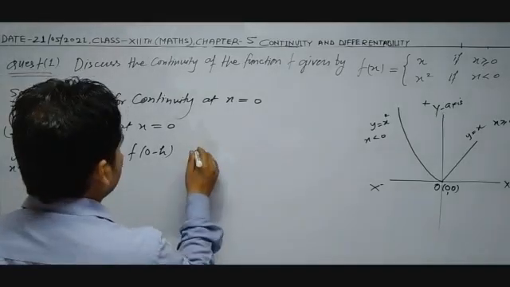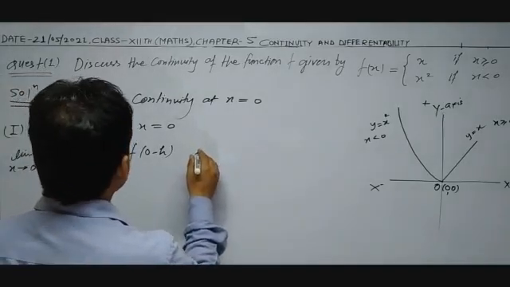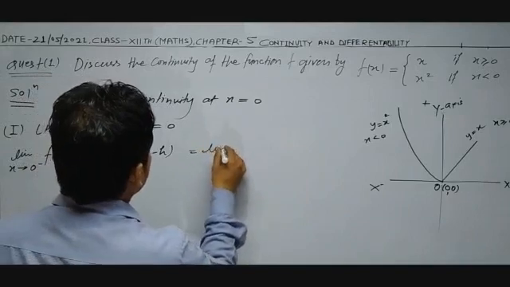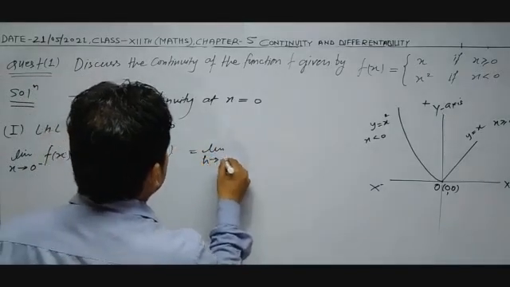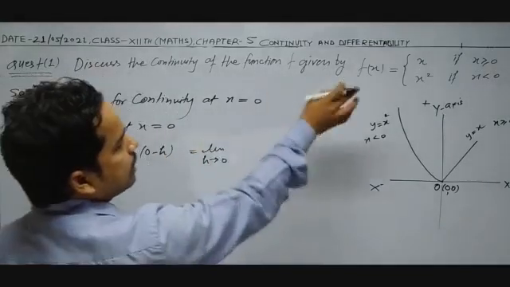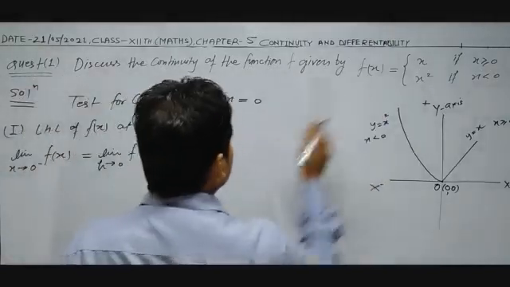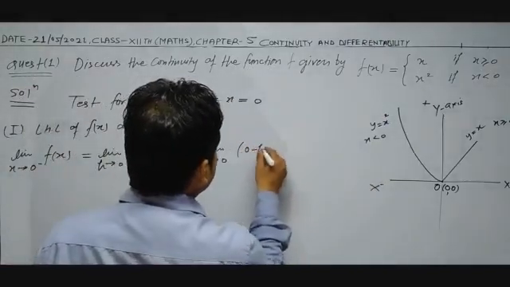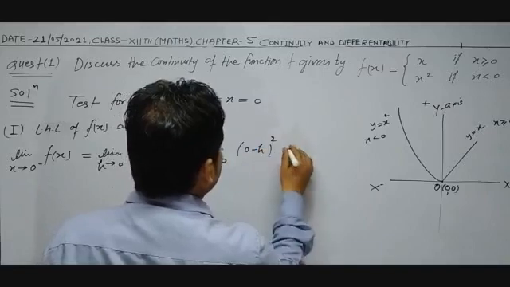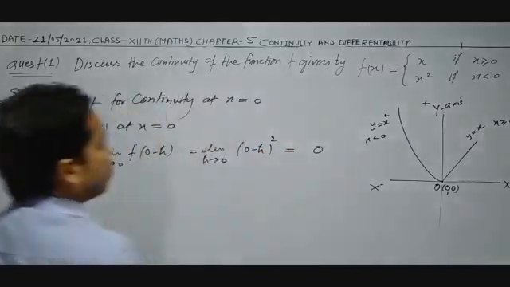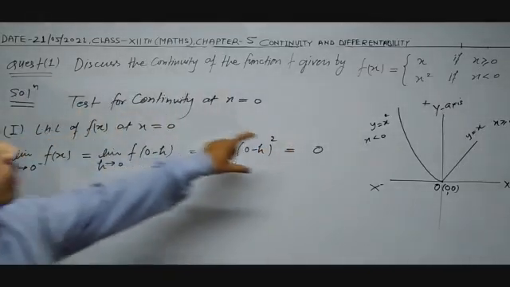So the result is limit h tends to 0 of f(0 minus h), f(x) = x square, means (0 minus h) whole square, and that result will be 0. So the left hand limit of the function is 0.